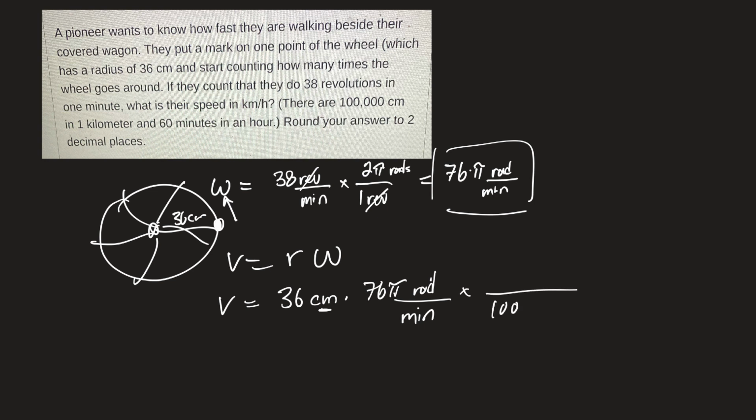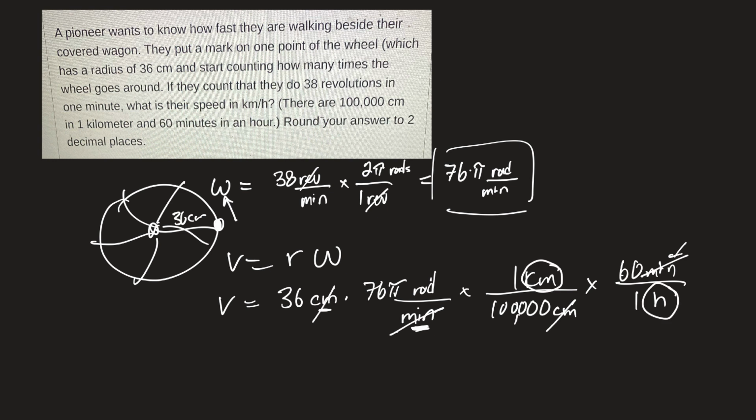There are 100,000 centimeters in 1 kilometer, and 60 minutes in 1 hour. Notice I put the minutes on top because they were on the bottom there, so they'll cancel.